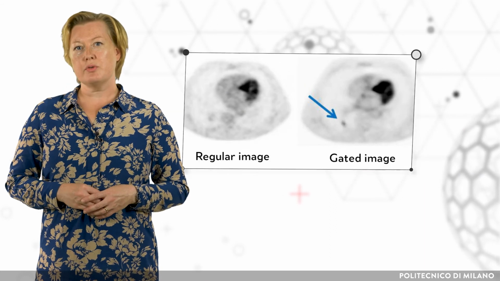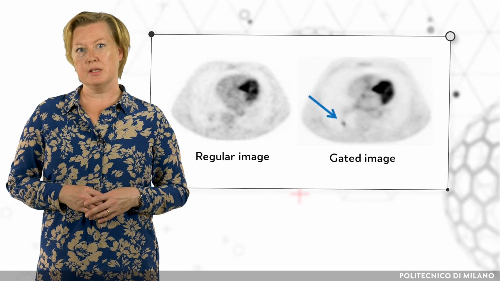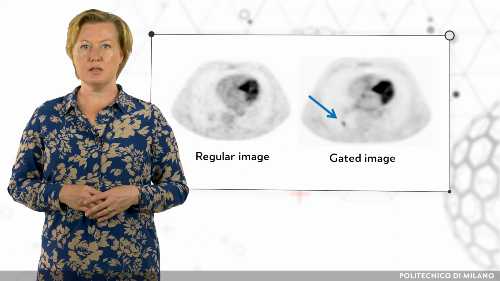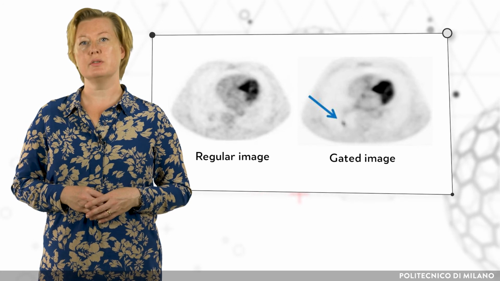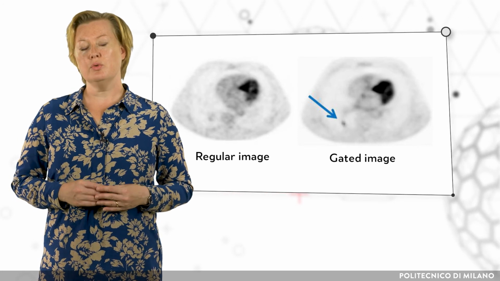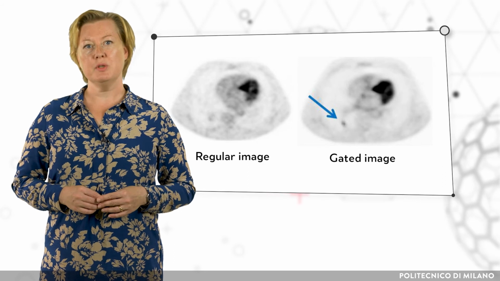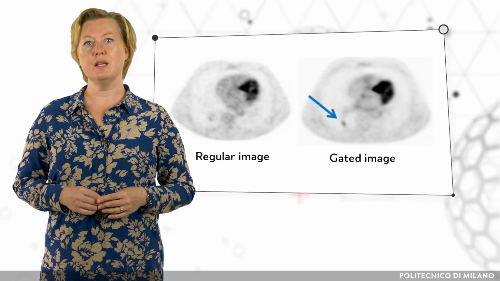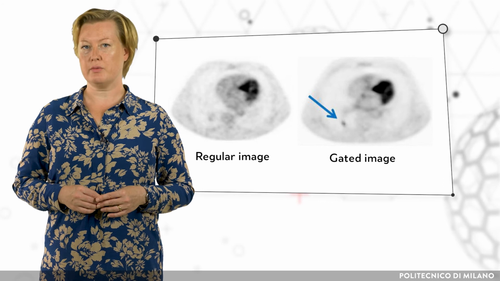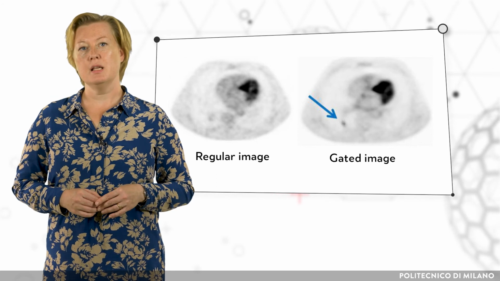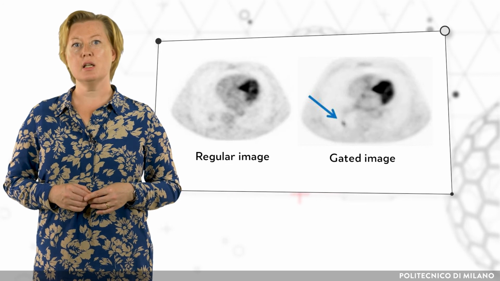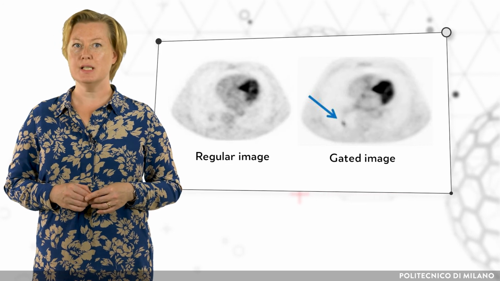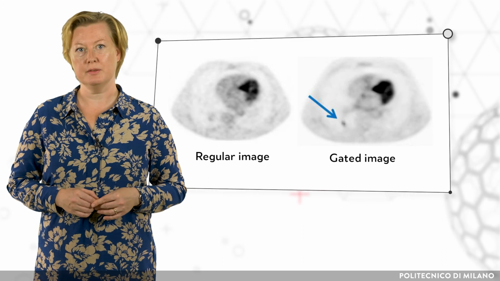The rhythmic motion of some organs of the body, such as the lungs and heart, could lead to artifacts or blurring in the images acquired. To avoid this problem, the images acquired during the same phase of the rhythmic motion are aggregated. Such imaging is called gated imaging and allows the visualization of diseases despite the movement.